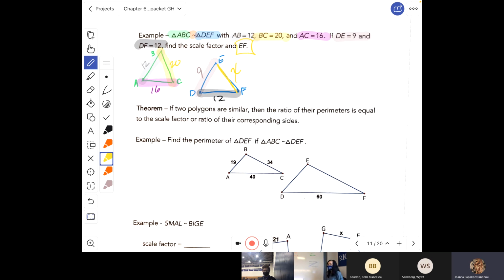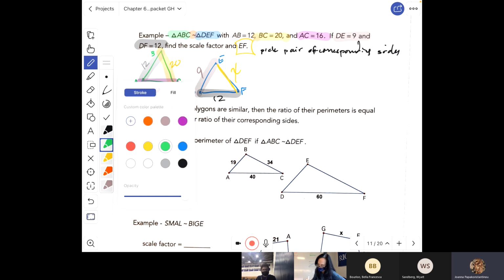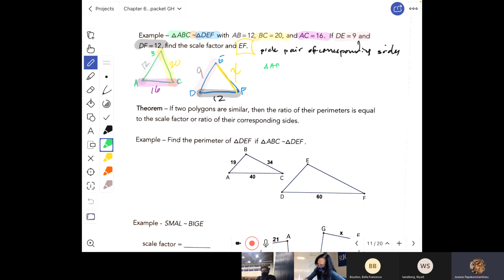So I need a scale factor, and then I need to find the length of X, which corresponds to which side in the other triangle? BC. So the first thing I want to do is pick a pair of corresponding sides. Doesn't matter. So in the first triangle, in triangle ABC, I'm going to choose AB, which is 12.